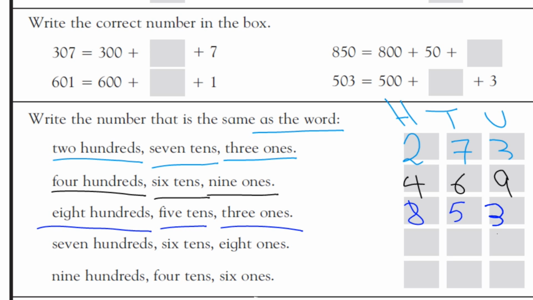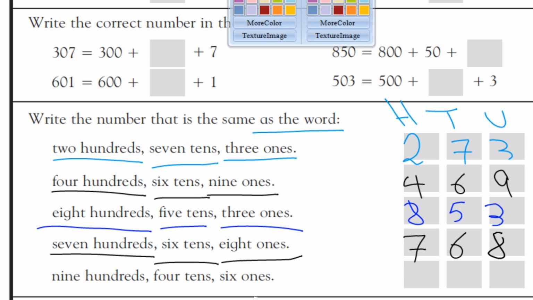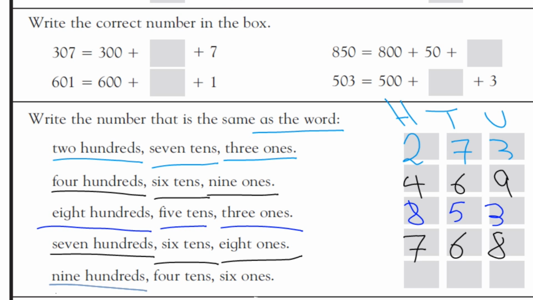Okay, and then 7 hundreds, 6 tenths, 8 ones. And the last one, 9 hundreds, 4 tenths, 6 ones.